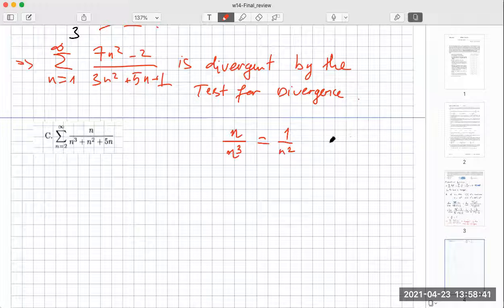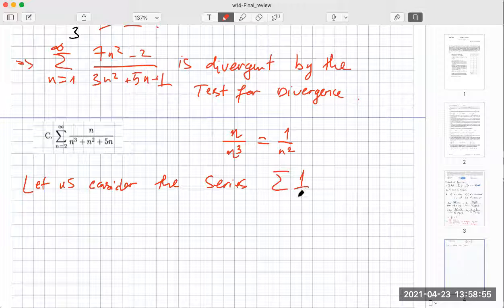Okay. That is why we think about the series 1 over n squared, and now for the series C here, n will run from 2. That is why we also care about this when n is equal to 2 to infinity.